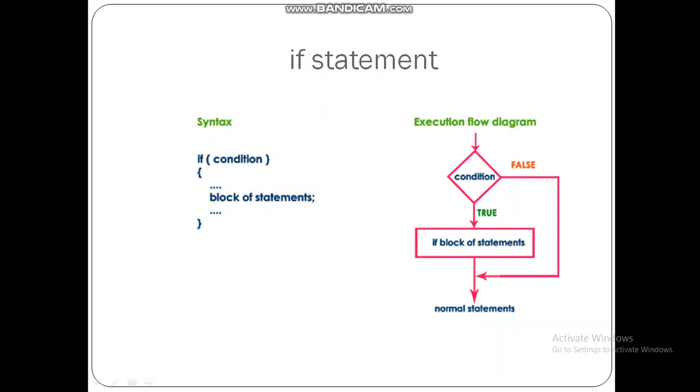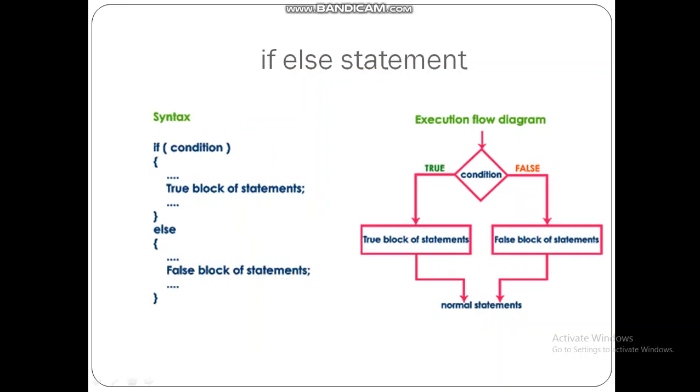If it is true, this block will be executed, and then we will go to the normal statements. If this condition is false, then we will directly go to the normal statements that follow after the if block. Now the normal statements may or may not be present in your program depending on what program you are doing.